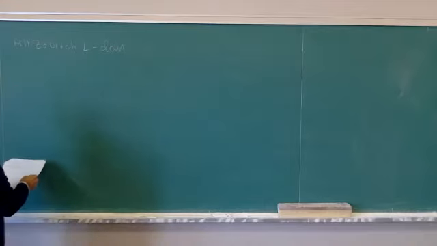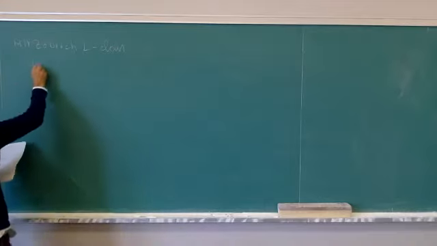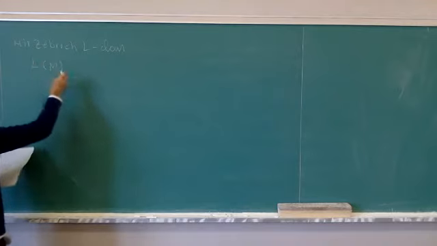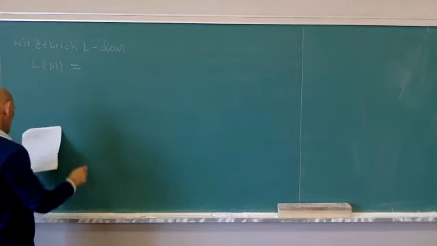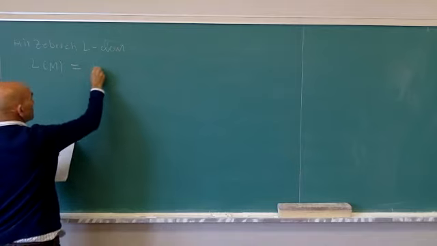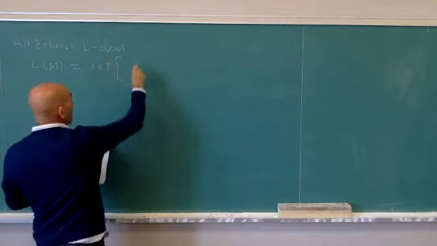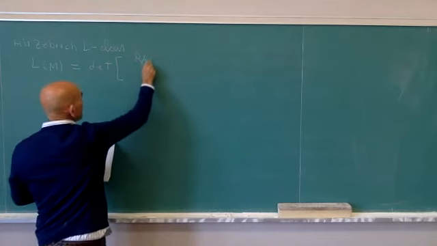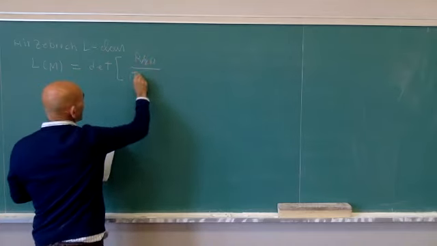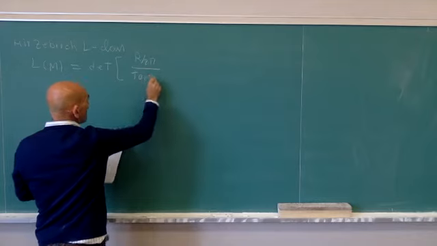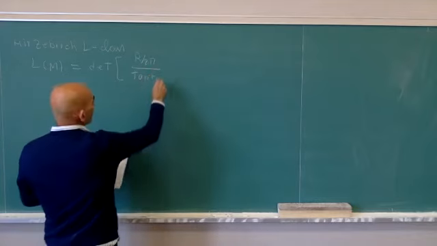So this time, I don't know what notation is used. Maybe just L of m is equal to the determinant of R over 2 pi over tangent hyperbolic of R over 2 pi.